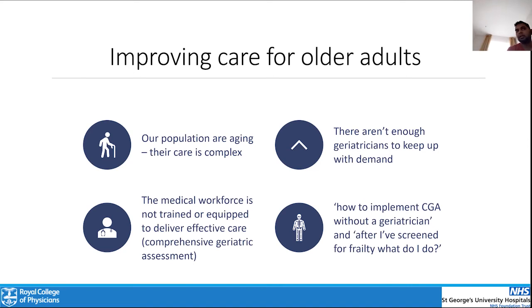Nor have we, I think, effectively trained our medical workforce to deliver CGA to our patients when they are not cared for by a geriatrician. So many of the questions that we often hear when frail patients end up in other specialties are how to implement something like CGA when you don't have a geriatrician, or, fine, I've looked at frailty, I can score them on the Rockwood score, but then what do I do after I've done that?